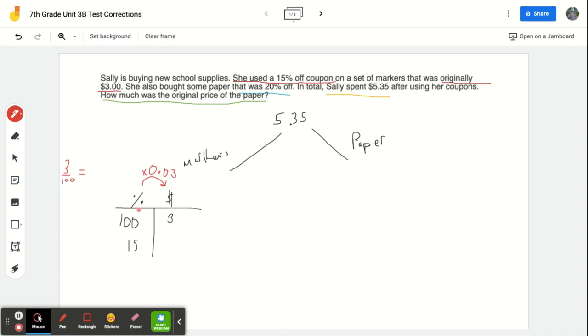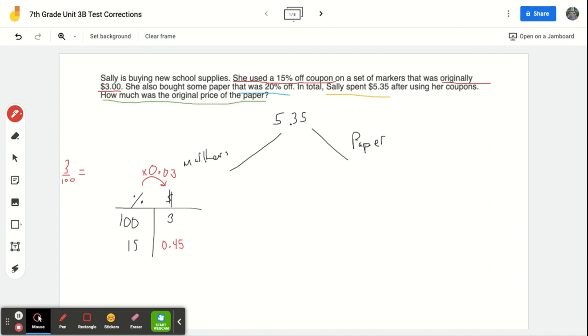So if I want to go from the percent side, all I have to do is multiply by 0.03. So let's multiply 15 times 0.03. I'm going to use my calculator here in front of me. So 0.03 times 15, which is the percent off, is 45 cents. So she's going to take 45 cents off of the price of the markers.